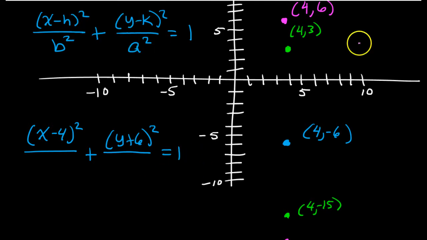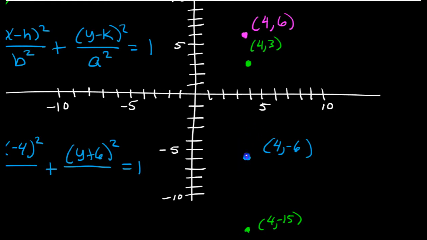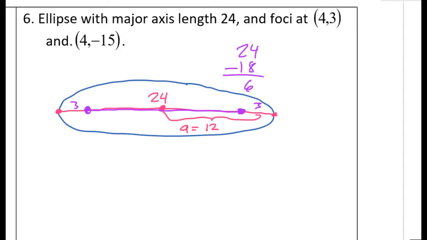Well, you know that the a value is going to just be the distance from the center to the vertex. Okay, so that's my a value. And remember, this is a y value of positive 6, this is negative 6, so my a value is 12. Also, we knew that from looking at this picture. Remember, right from the beginning, since the major axis is 24, half of that would be the a value.